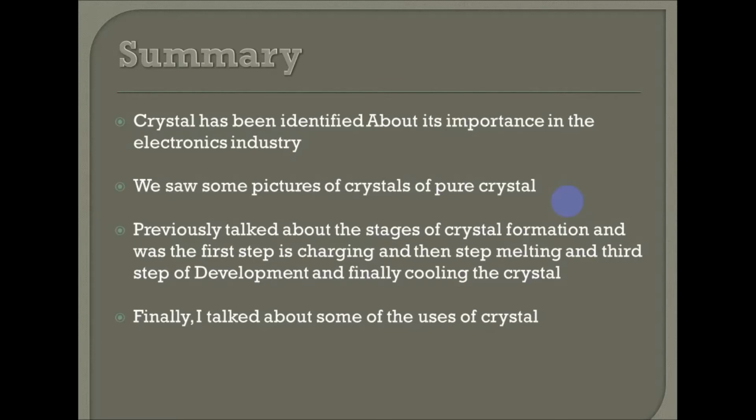We talked about the stages of crystal formation, where the first step is charging, then melting, third the growing step, and finally cooling the crystal. Finally, I talked about some of the uses of crystal.